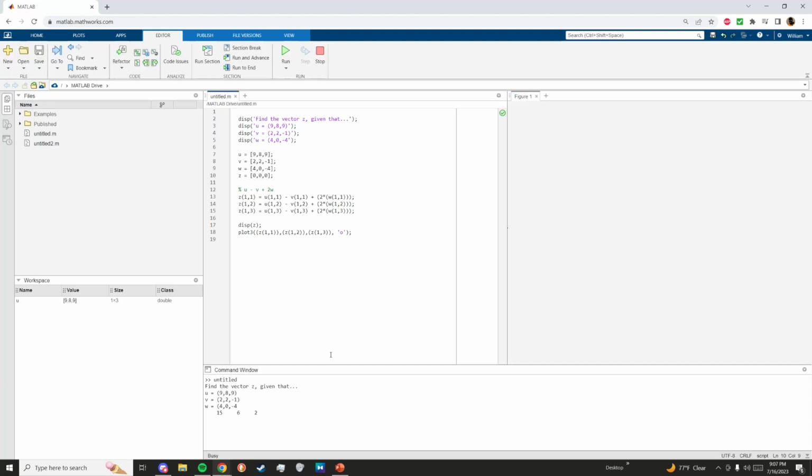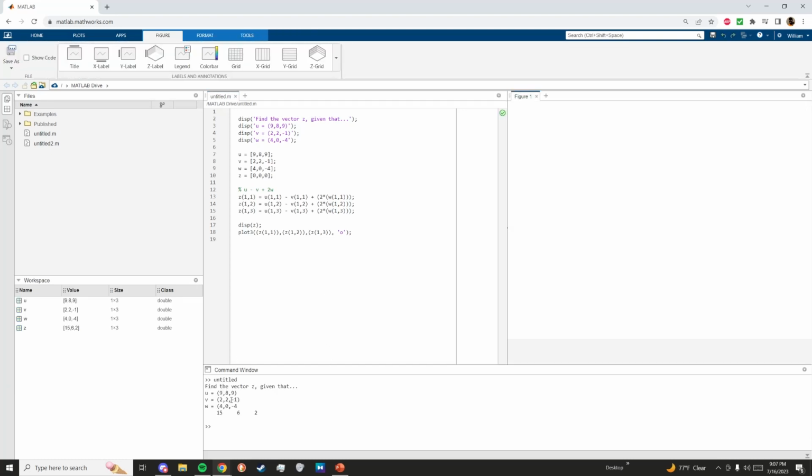And so if I run it, I find that I get 15, 6, 2 as the answers, and then here's the location on the graph. It's a little rough because it's lagging, and while this isn't the exact answer for the problem, the exact answer is 15i plus 6j plus 2k, it would still give me the numbers to plug into that.